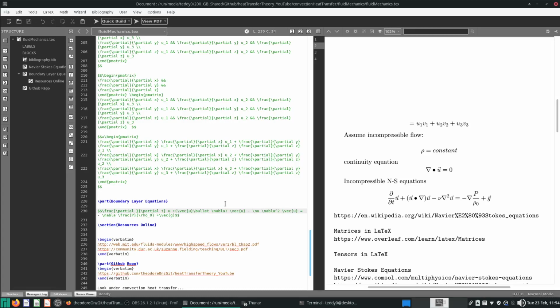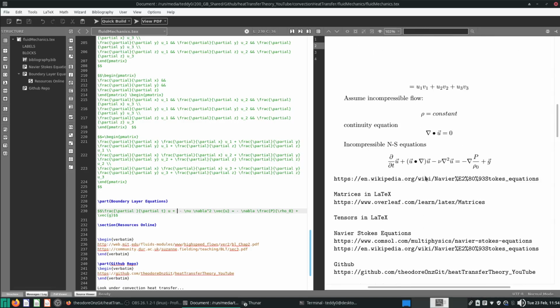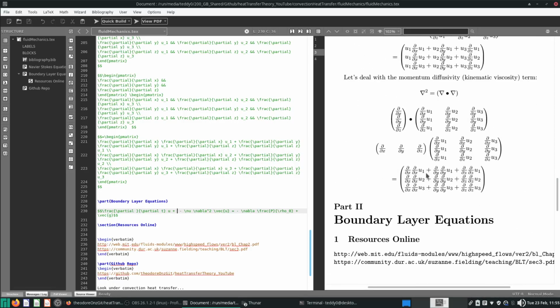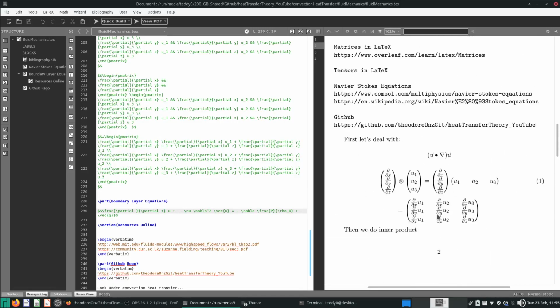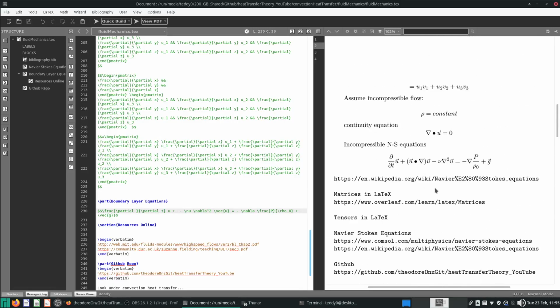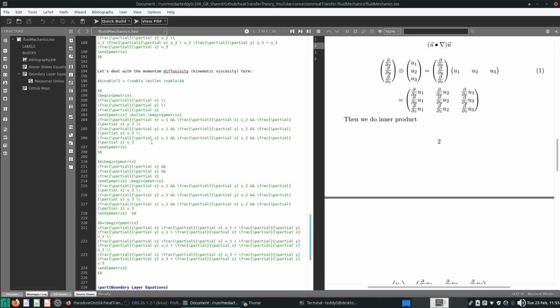No longer am I going to put it in vector form, so it's at least clearer what's going on. I'm going to put this Laplacian term down. So this is the u vector, right? Okay, so let's capture some of this.